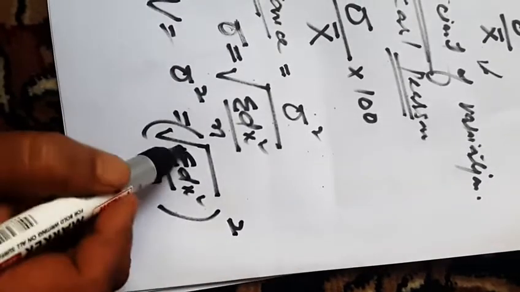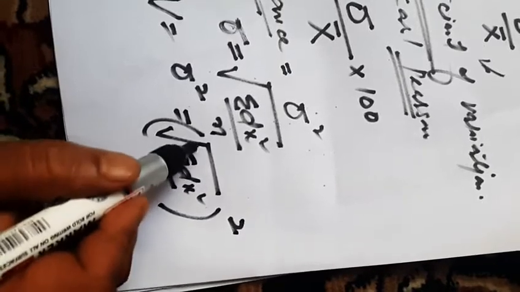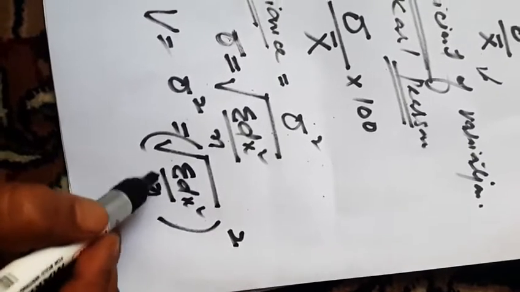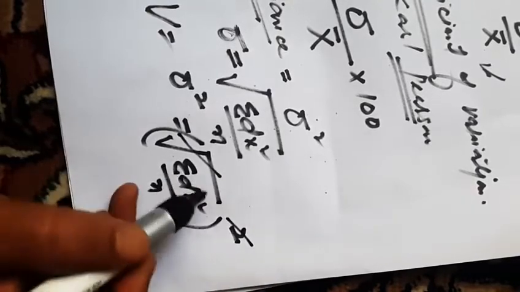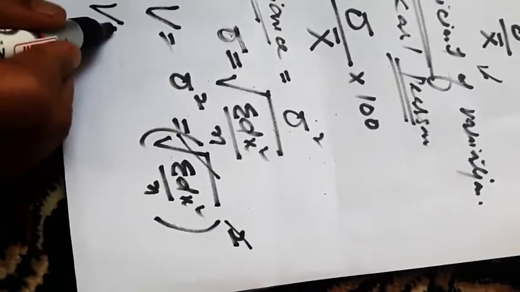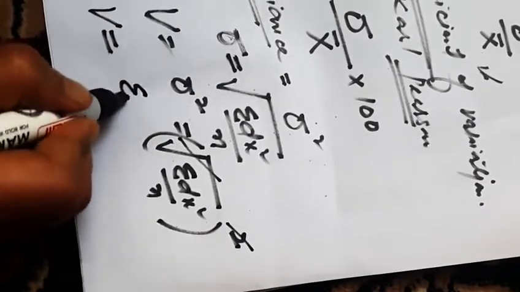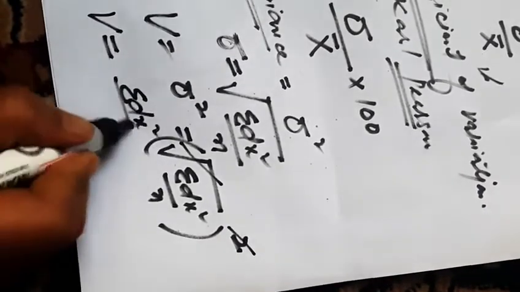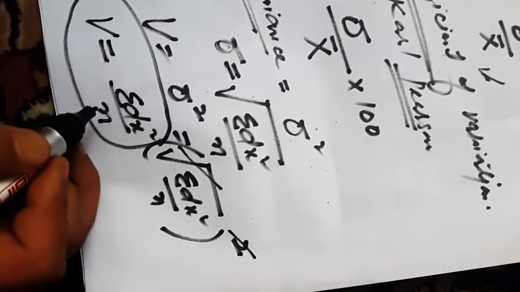What is the formula for calculating variance in the individual series? Summation of dx square divided by n. This is the formula for calculating variance in case of individual series.